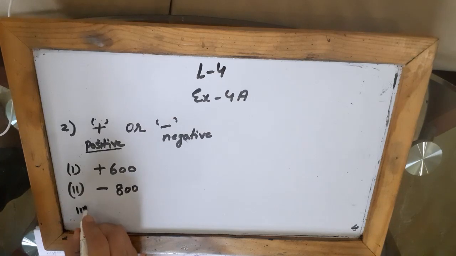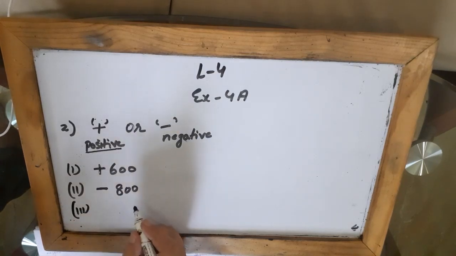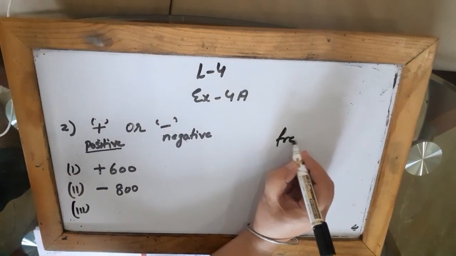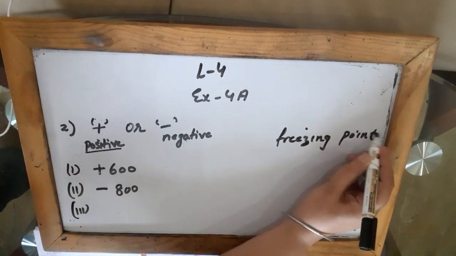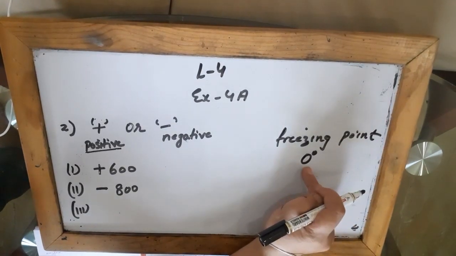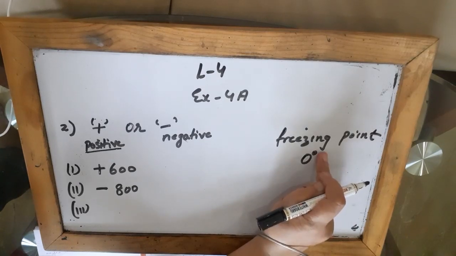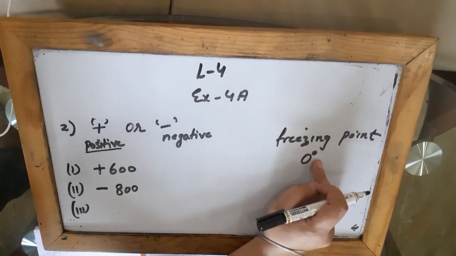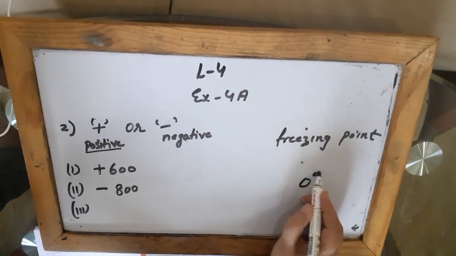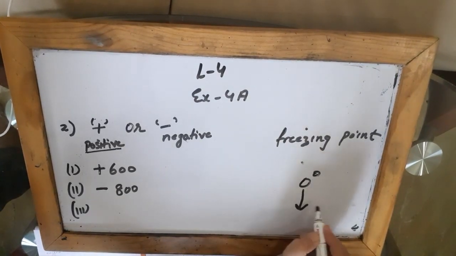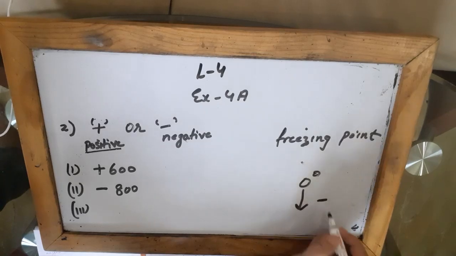And then third says 7 degree below the freezing point. What is freezing point? Freezing point is 0 degree, right? Where the water becomes ice, that is called 0 degree. If the temperature is below this, it has gone below it, we indicate the negative sign.